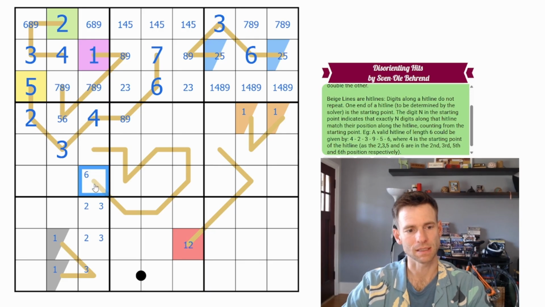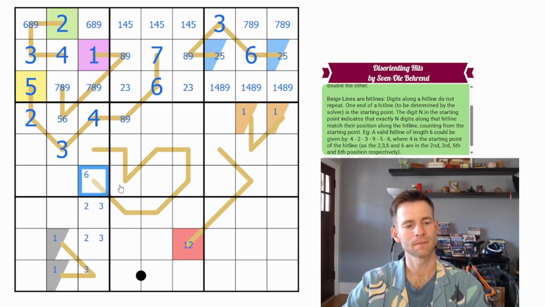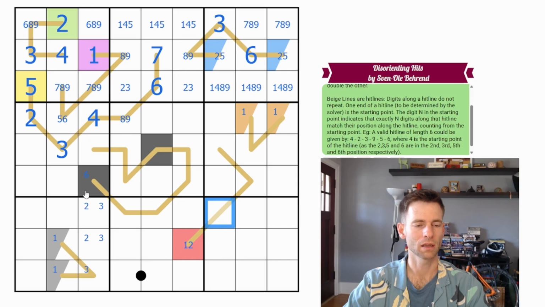If this was a 6, then this is out. 1, 2, 3, 4, 5. This wouldn't be a 6. So these both would be out. Maybe I'll just do black. Those are out.